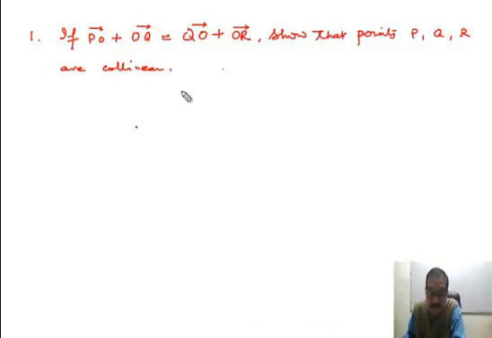We have seen that a triangle is there with the points O, P and Q. Then PO vector means this vector, OQ vector means this vector.